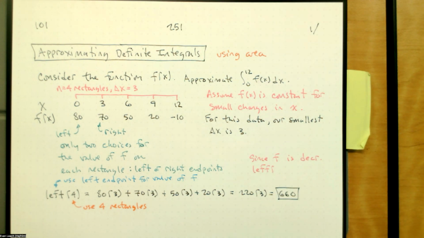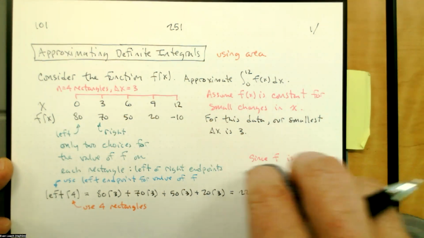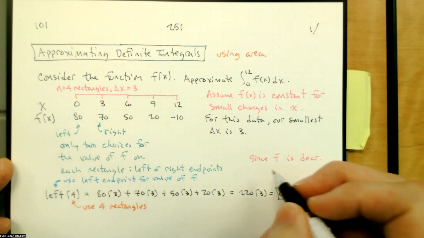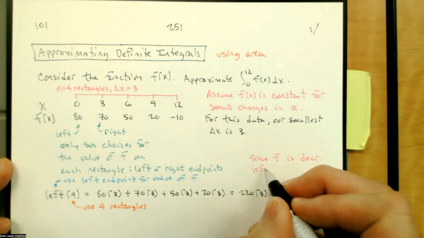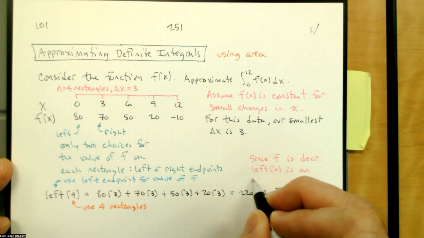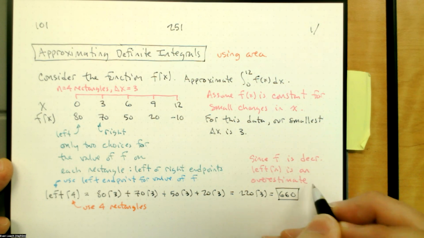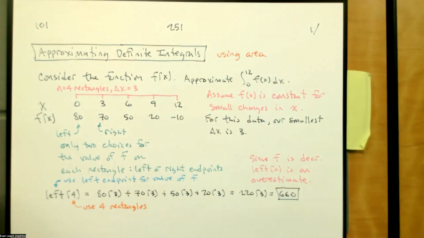Spelled left wrong. This is probably an overestimate because from 0 to 3, the function decreased from 80 to 70, and I'm just using 80, the maximum value, the whole time.